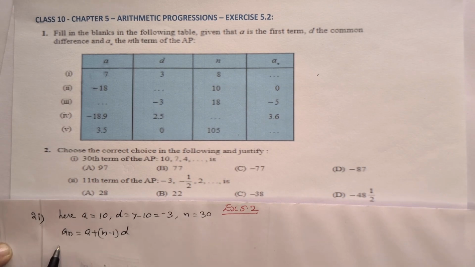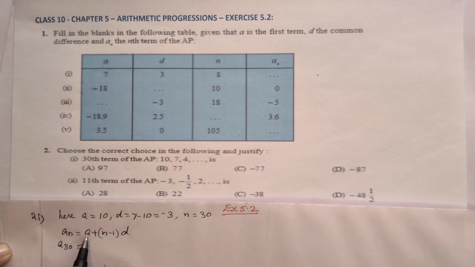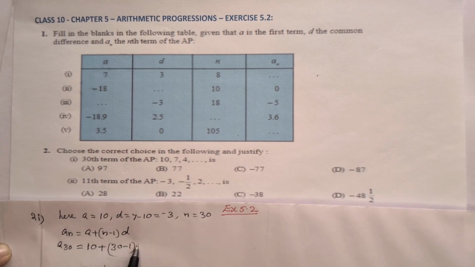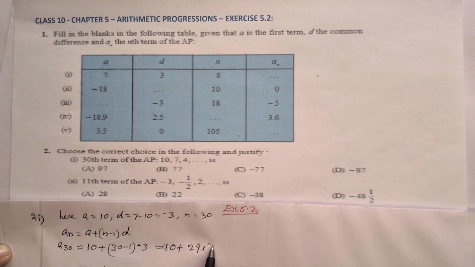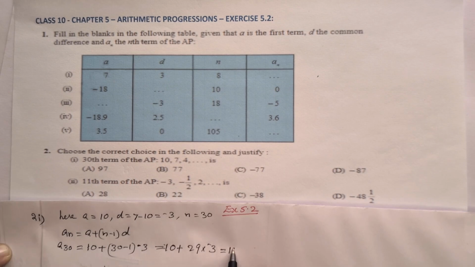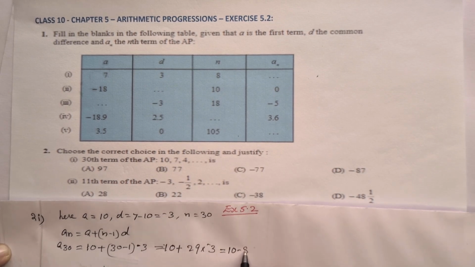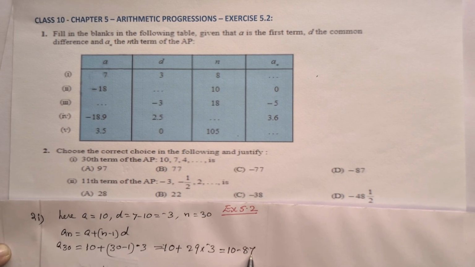In the formula, in place of n we can write 30. A30 is equal to a is equal to 10 plus n is 30, so 30 minus 1 into d, that is minus 3, which is equal to 10 plus 29 into minus 3, that is equal to 10 plus minus 87. 10 minus 87 is equal to minus 77.